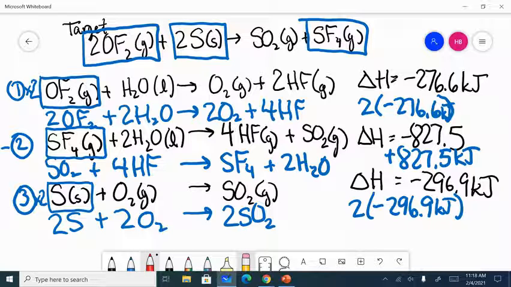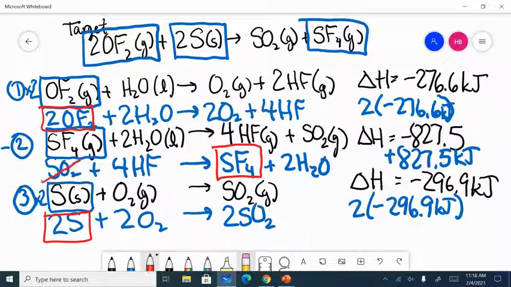So let's see where we're at now. I have 2 OF2 in the reactants. I have 2 S in the reactants. I have SF4 in the products. And right now I have 2 SO2s, but let's check this out.